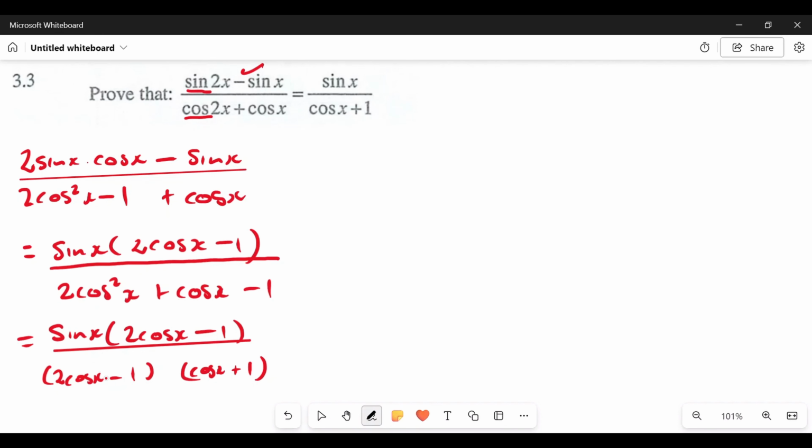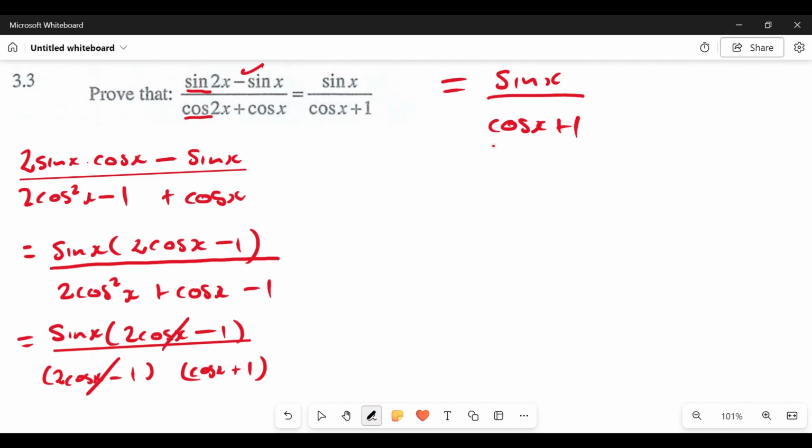When you look at this step here, we have 2 cos x minus 1 and another 2 cos x minus 1 on the numerator. So these two will divide each other. So when you continue here, we're going to be left with sine x divided by cos x plus 1.